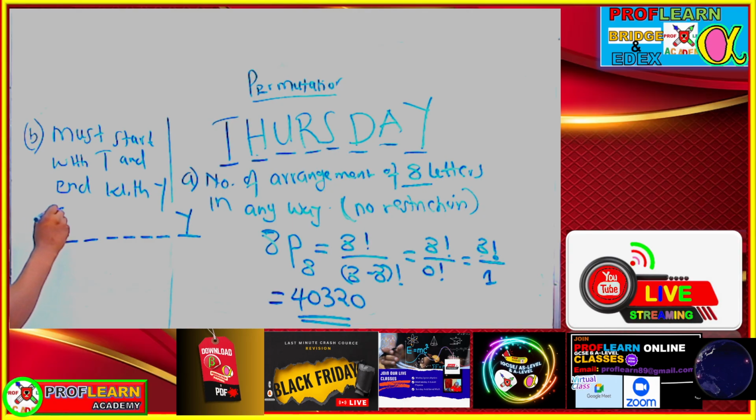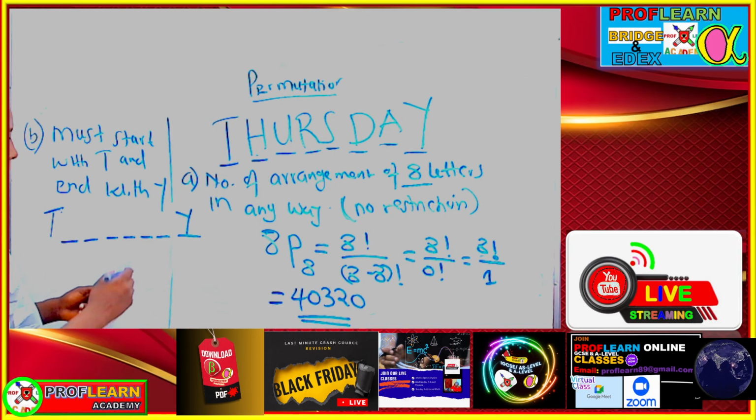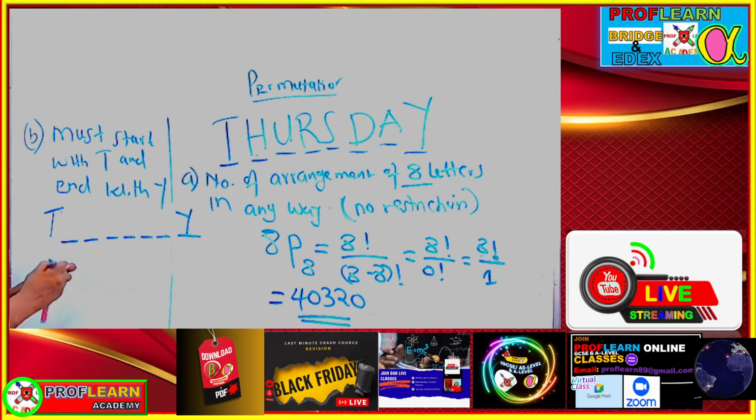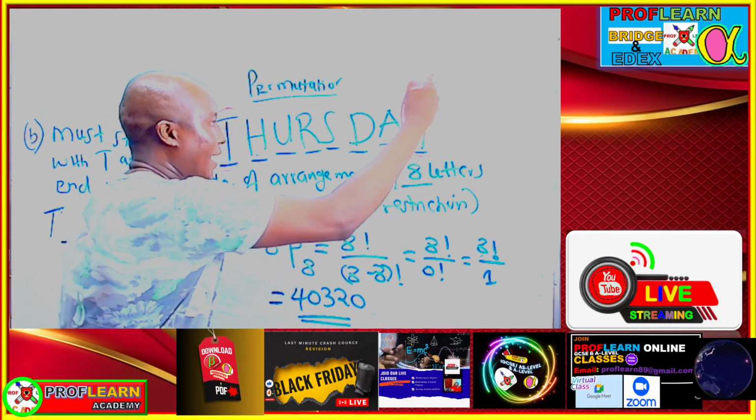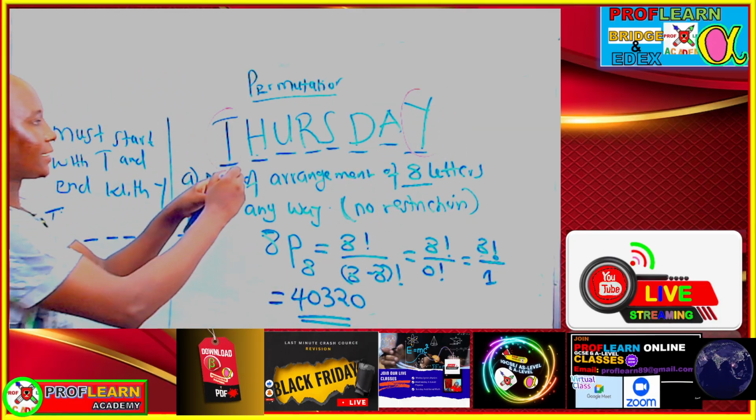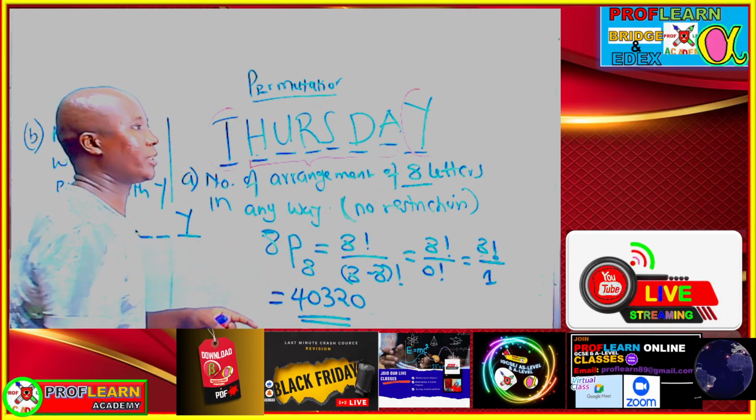So how many letters are there after taking T out and taking Y out? How many letters are remaining in between here?